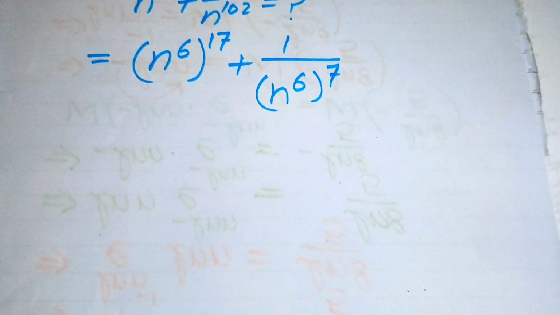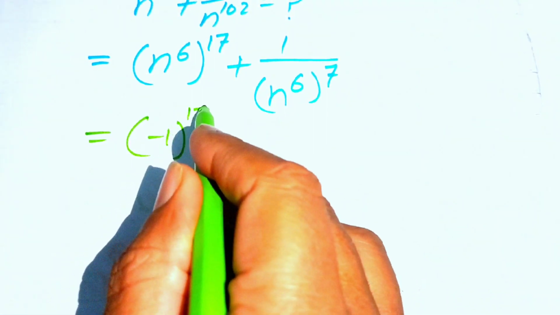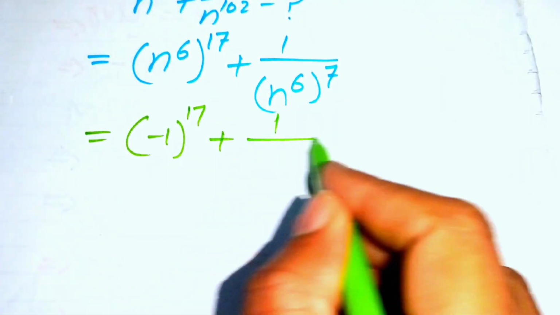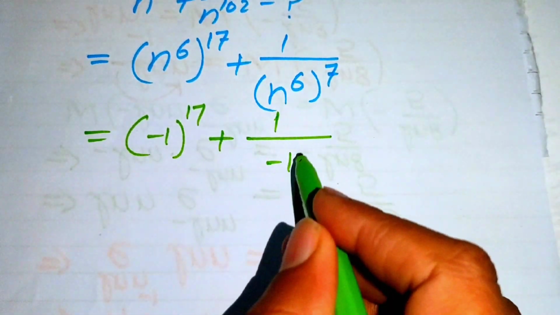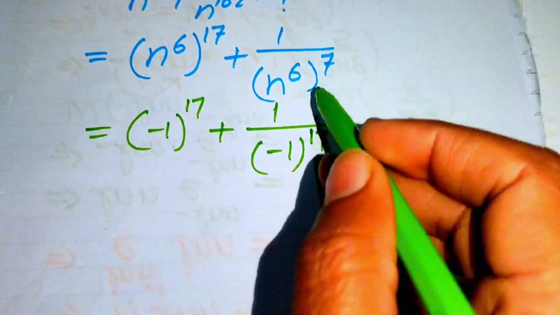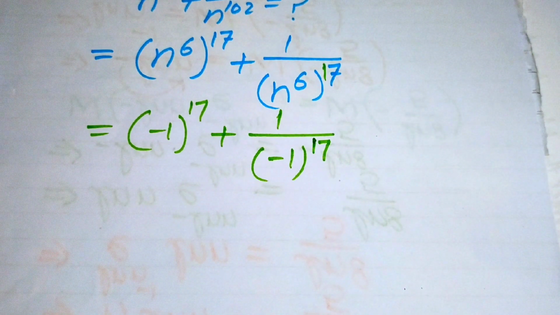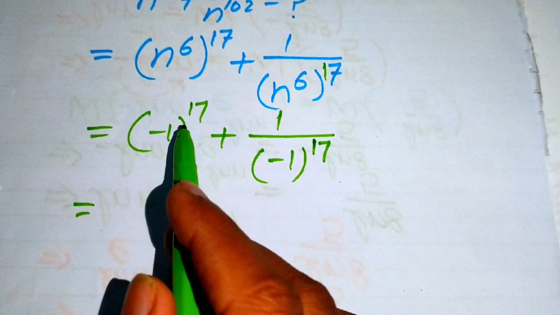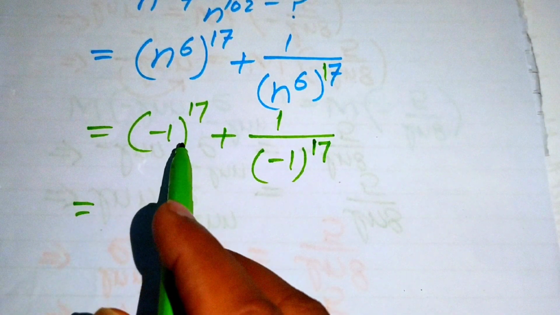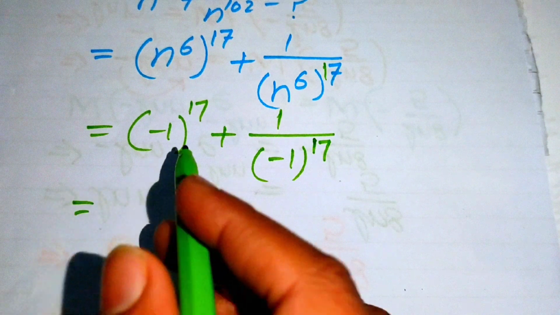So we put this value here and we get minus 1 to the power of 17 plus 1 over minus 1 and its whole power 17. You know that 17 is an odd number, so if a negative value has an odd power, it becomes negative.